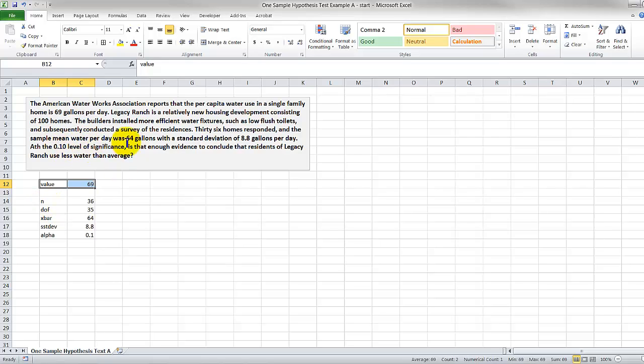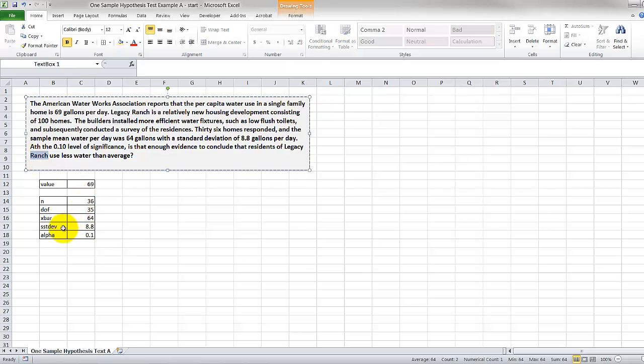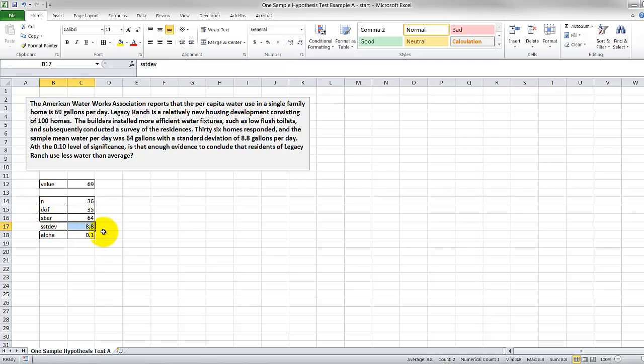The question we're trying to answer is, does the ranch use less water than this value of 69? So if we separate this, the information here is from the survey. That's where we have the sample size of the survey, the X bar, the survey result of how many gallons were actually used at the ranch homes that responded to the survey. We also have a sample standard deviation of 8.8 and so forth.